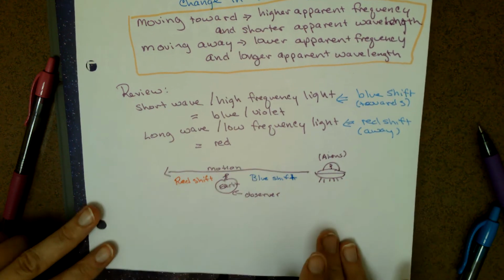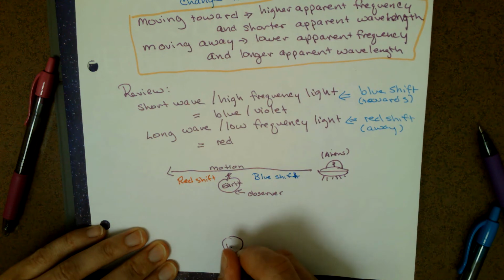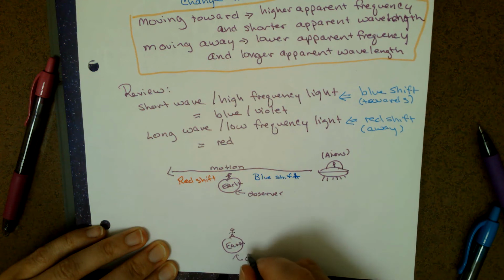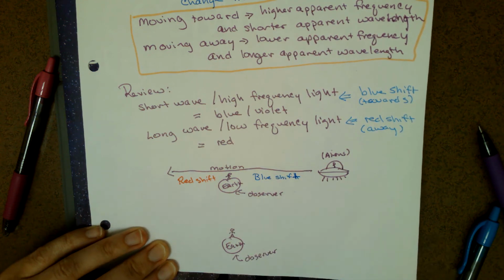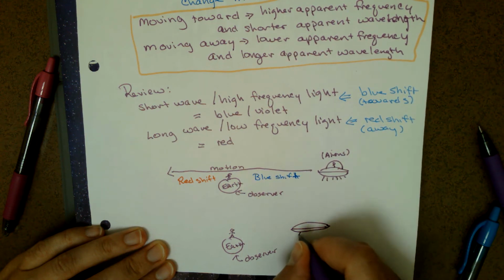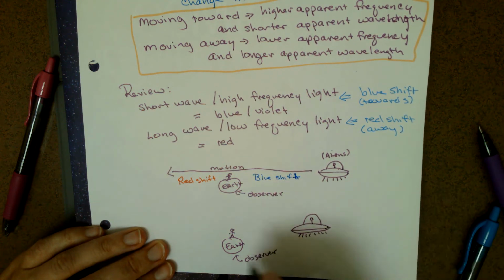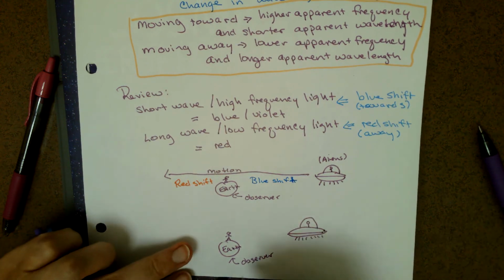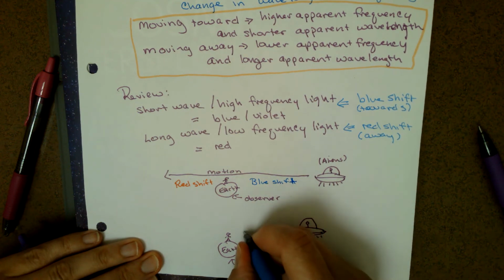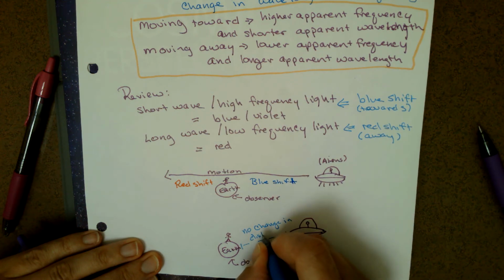Let's do one more Dora the Explorer. This is a good opportunity to clarify things in your mind. So here's Earth. Earth is our observer. And we have a spaceship that is traveling with Earth. It's our alien spaceship, and it's maintaining the same distance from Earth. I'm going to indicate that with no change in distance.